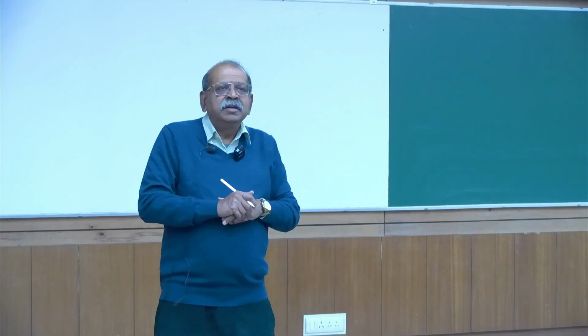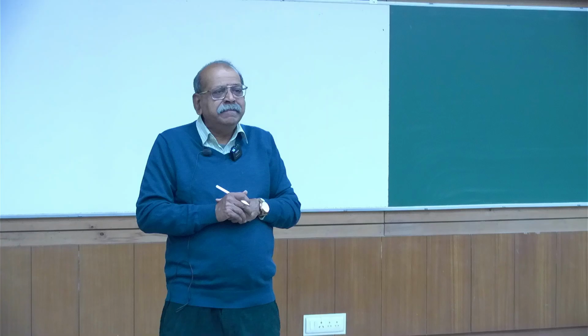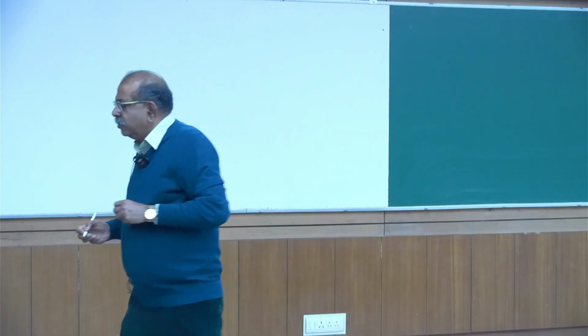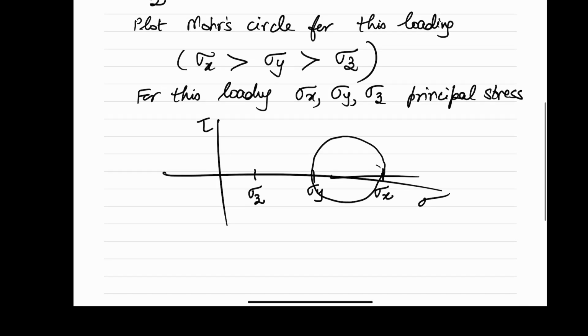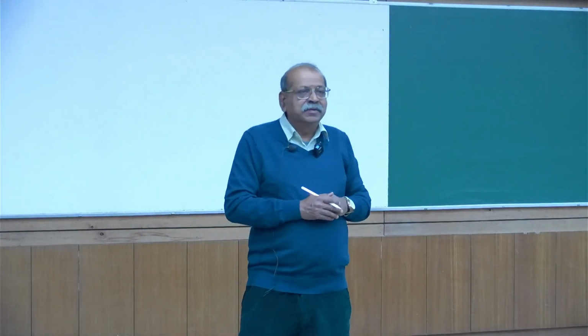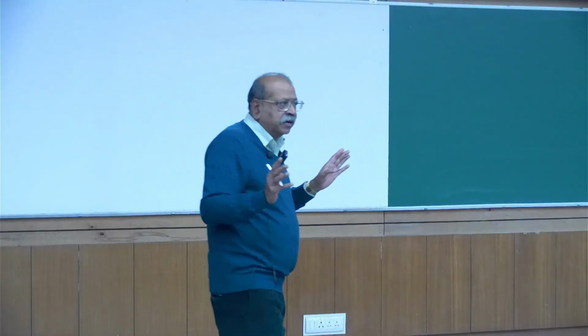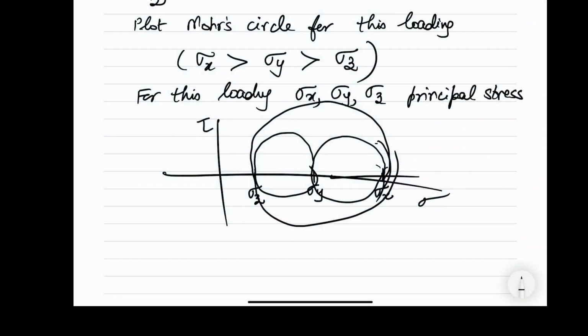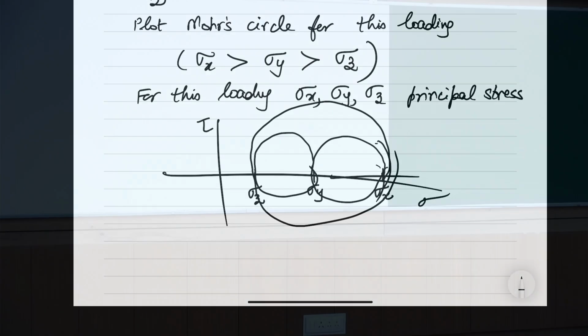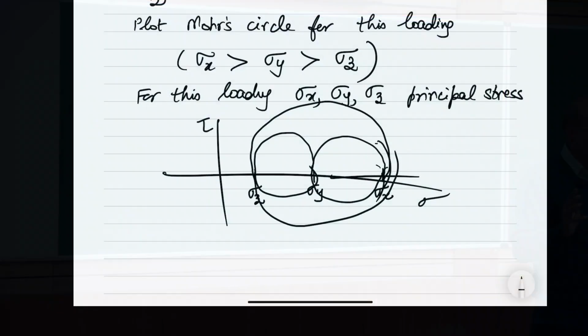Similarly, what will be the Mohr circle for the YZ plane? A circle between Y and Z. And what will be the circle for the XZ plane? A total circle. Is this clear? We are able to do this only because X, Y, and Z are principal axes.